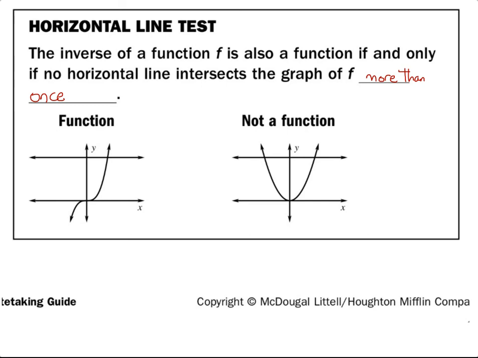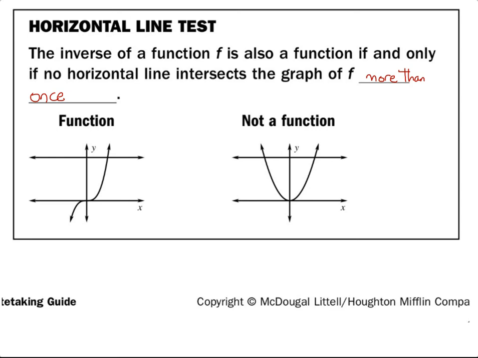Now, this is the same idea as the vertical line test, except for the horizontal line test, and this is why I said it's a horrible graphic, you're not testing whether or not the thing you're looking at is a function. You're testing whether or not the inverse is a function. So, if you look at this graphic, we need to fix it because it's just so close to wrong. It's frankly unbelievable.